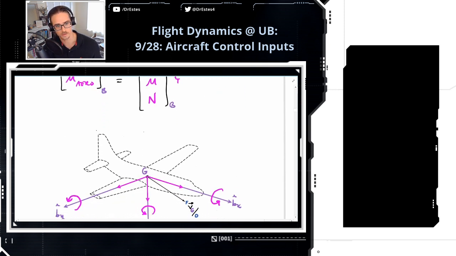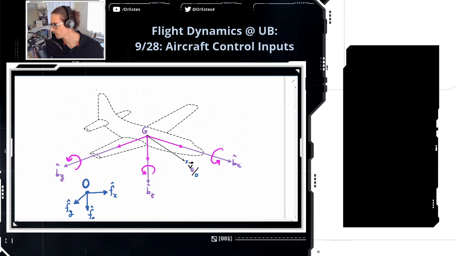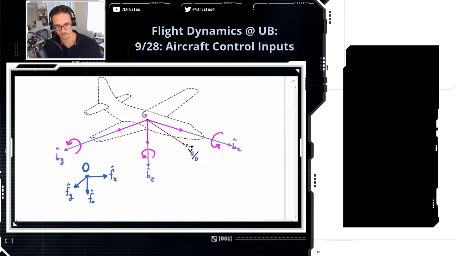Okay, I gotta cheat. Well, let's put it on this figure first. Okay, we'll do the aerodynamic force. We got X pointed along BX. We have Z pointing down. So these are the forces that we're putting on there. And we have Y pointing off the right wing. And then for my moments, I know that L is the moment going about BX. So that makes sense that it's the rolling moment.